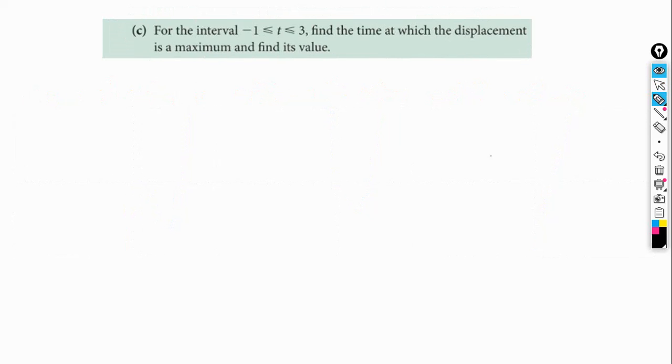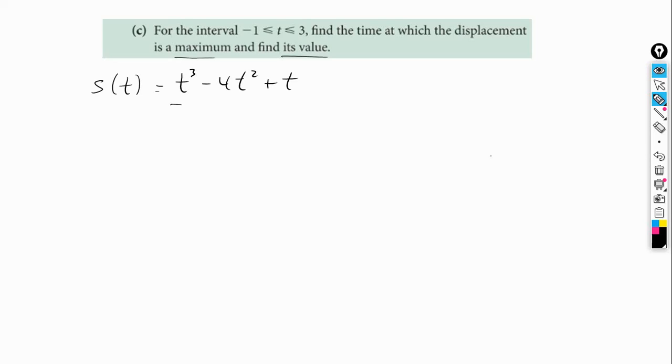For part C, they say for the interval from -1 to 3, find the time at which the displacement is a maximum and find its value. Let's recall that the displacement function is s of t equals t cubed minus 4t squared plus t. There are two different ways we can do this.